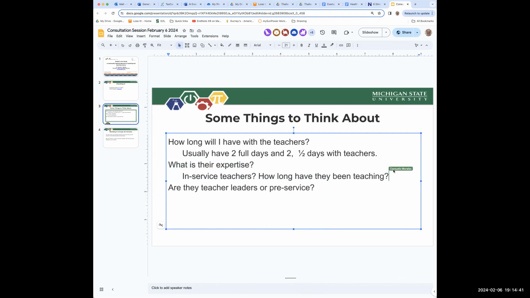Are you working with teacher leaders, building a group of teachers who will then go out and support other teachers? Or are you working with in-service teachers who are not necessarily teacher leaders, but have a background in life science? And how strong is that background?